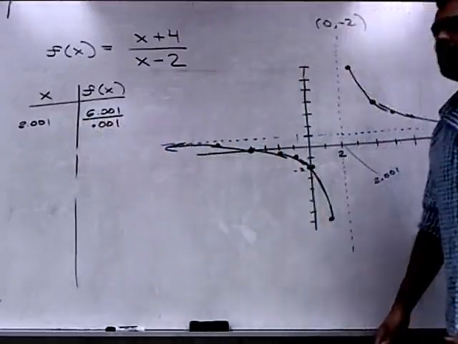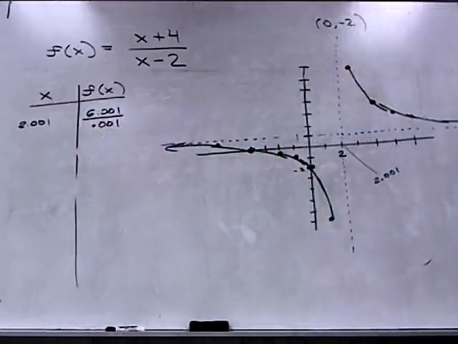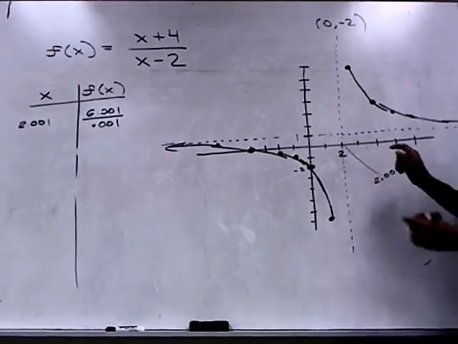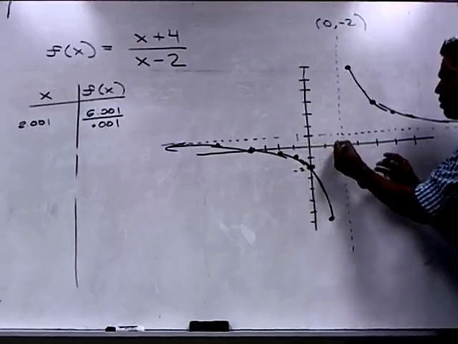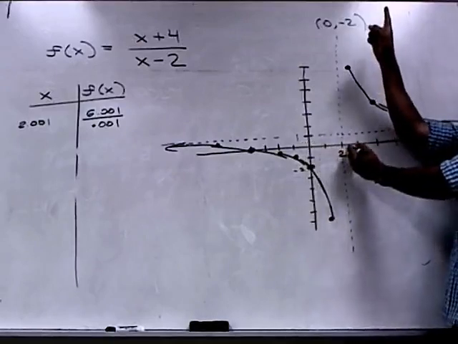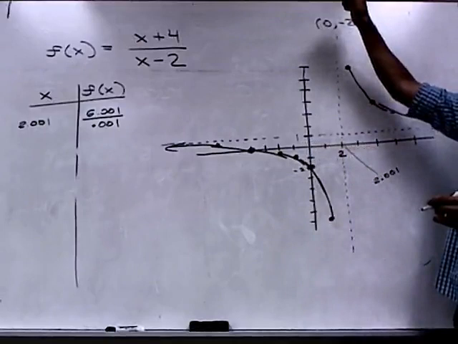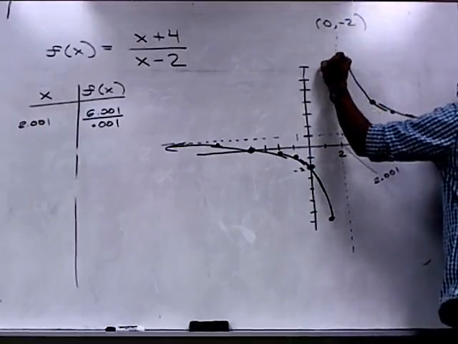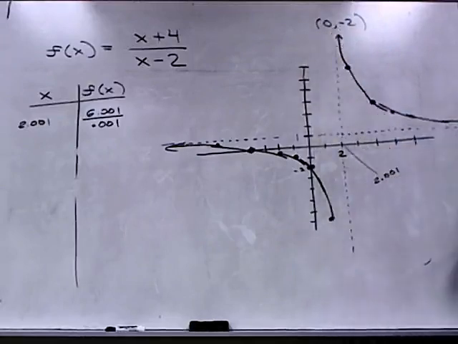If you do that on your calculator, what do you get? 6,001, right? That means if I try and draw the point that's right here, I go out 2.001, I need to go up where? To 6,000. So that verifies that what's happening here is my function is taking off up forever.